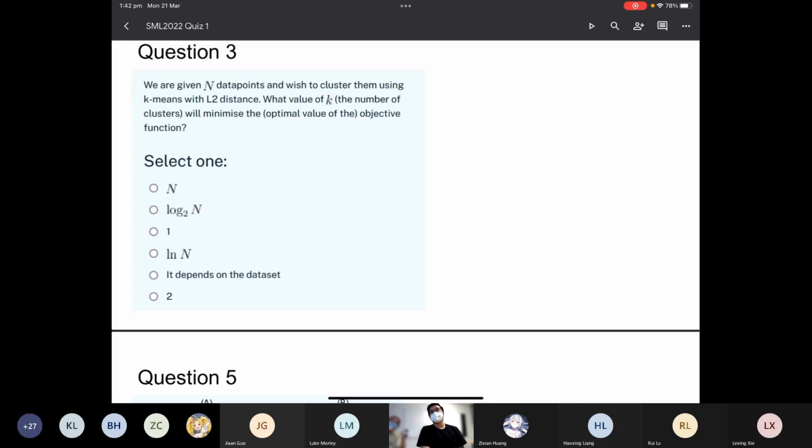This is incorrect, because if you set the number of centroids or clusters to n, exactly equal to the number of data points you have, you can drive the objective value down to 0. That's the minimum you can get. So technically any number greater than or equal to n is a correct number. Any question about this one?